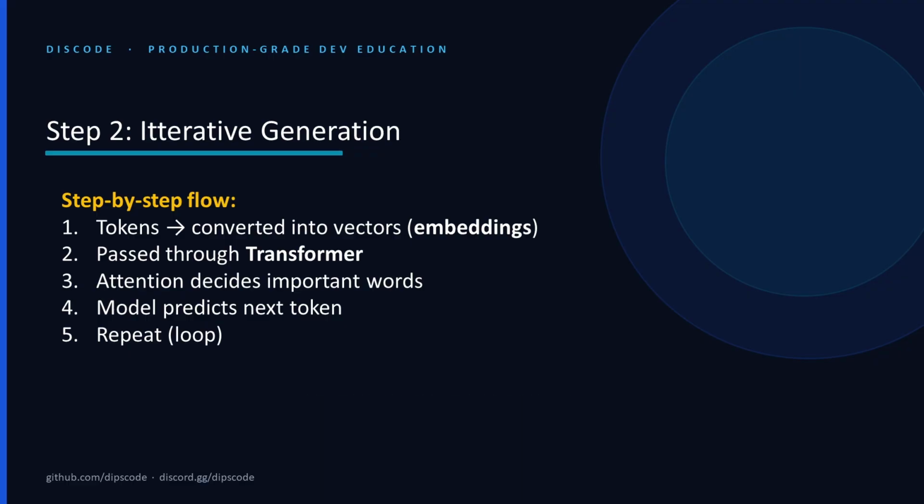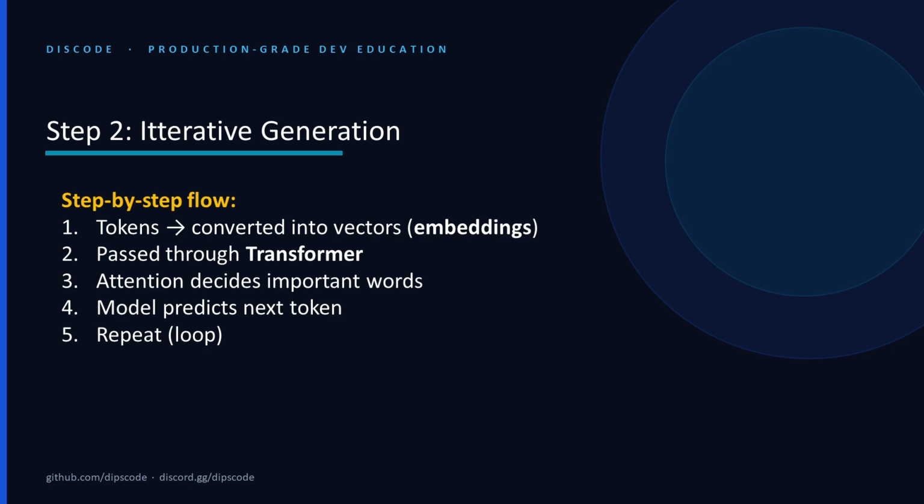It weights the river vector because the bank can be the bank of a river, and it can also be a bank where we save our money. But which bank to consider? Based on the word river, the attention mechanism is going to decide what this bank means. So this is the role of attention, which decides based on the important words.